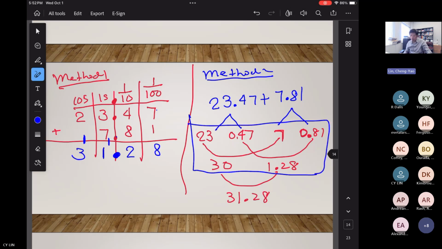They count mentally: 23 plus 7 is 30. 0.47 plus 0.81, how many? 1.28. Combine together, 31.28. Does that make sense to you? The quick learner's thinking is different from the general learner's thinking.